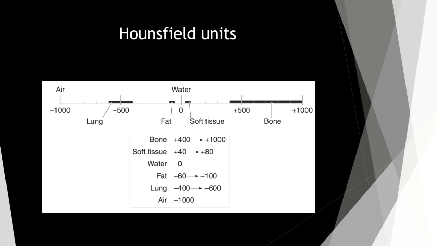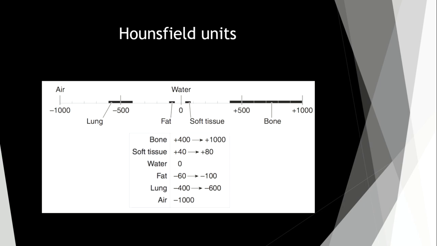As we see, lung is positioned between minus 600 and minus 400. Fat is around minus 50 and soft tissues plus 50 in general.